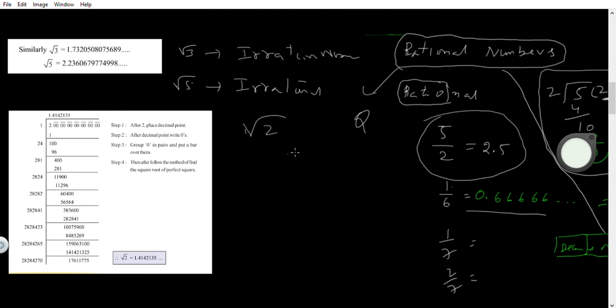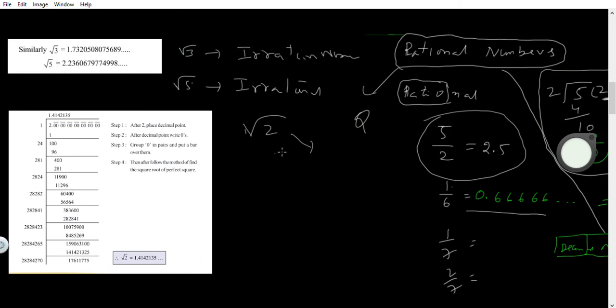We studied in the 8th class how to find square roots by the division method. Using that method, we try to do it. It keeps on going like this, and this value is equal to 1.414213 and so on. Therefore, by the definition of irrational number, I said clearly, non-terminating, non-repeating decimals. Therefore, root 2 is irrational, root 5 is irrational.